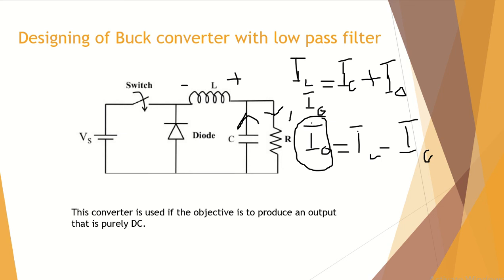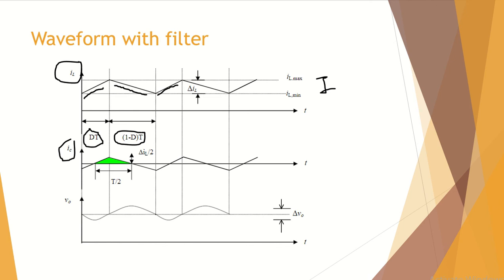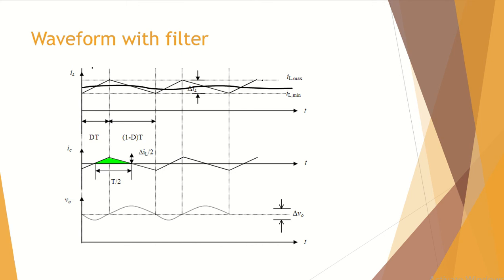If you see the graph over here, and if you draw a line over here, this is the output current. Let me remove all these lines. So this is basically our constant output current, and we have to maintain it.